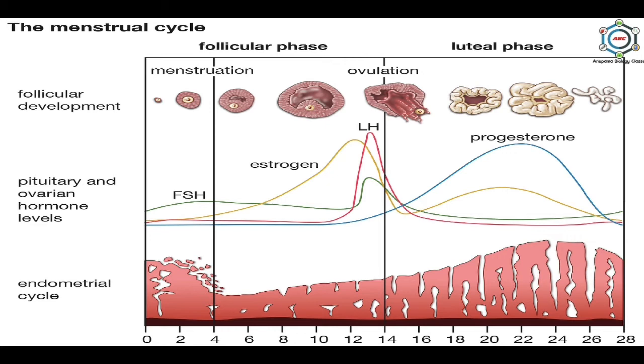And the last is the luteal phase, from day 15 to 28. Here the corpus luteum develops and starts secreting progesterone, the endometrium thickens and uterine glands also develop. So this is the complete menstrual cycle of 28 days.